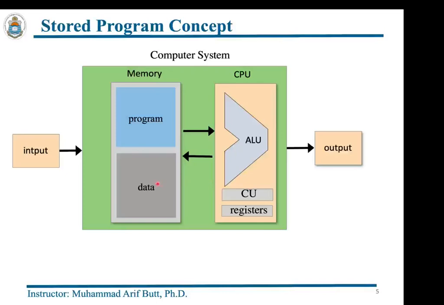After getting the data, the control unit will instruct the ALU to perform the required operation. And finally, the result may be sent on to some output device and may be written back in the memory as well. Well, this is a bigger picture, and we will talk about this in detail when we will design the hack CPU in totality. And for the time being, let's restrict ourselves on the discussion of memory.